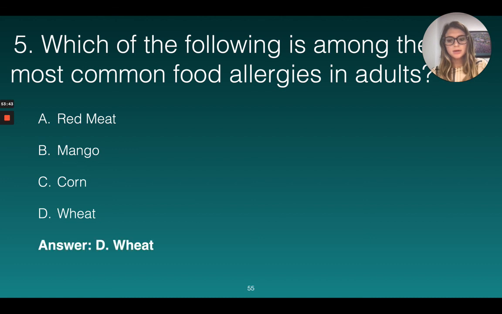So the answer is D, wheat. Wheat is again among the top 5 most common food allergies in adults. Red meat, mango, and corn are going to be the least common foods that may cause a reaction in people, so wheat is among the top food allergies.